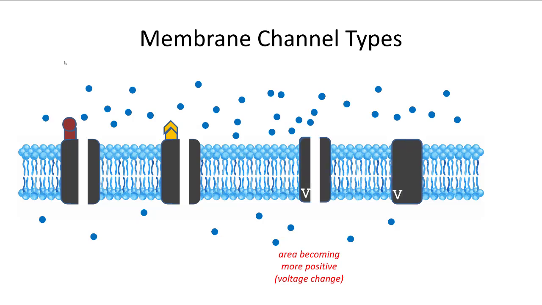The incoming positive blue ions in this channel causes the voltage to change even further in this area, enough that it's going to ultimately activate the channel next to it. These voltage-gated channels are along the axon of a neuron, and it is the opening of one causing the opening of its adjacent neighbor, occurring progressively down an axon.